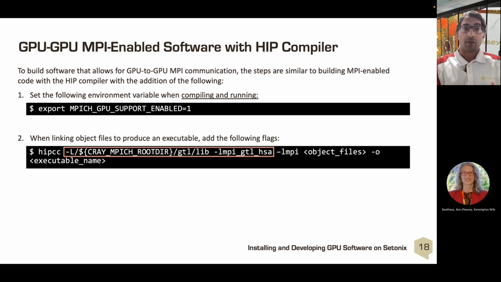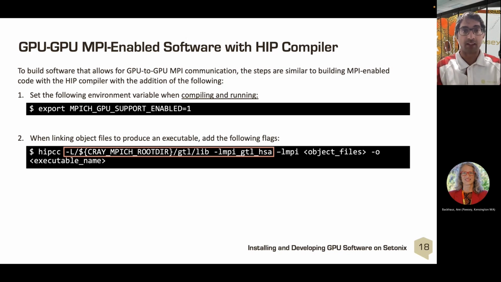One, you have to set an environment variable to indicate that you want GPU support enabled. By default, compiled MPI code is not enabling GPU to GPU communication. It's focused on CPU to CPU communication. Enabling GPU to GPU communication does not disable CPU to CPU communication. So you're just adding an extra bit of support, but extra flags have to be added.